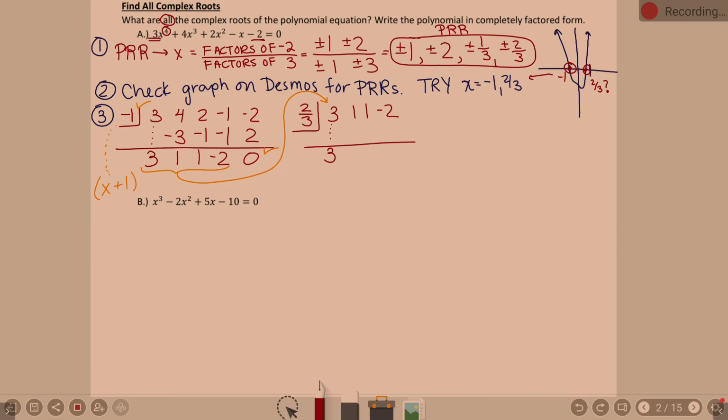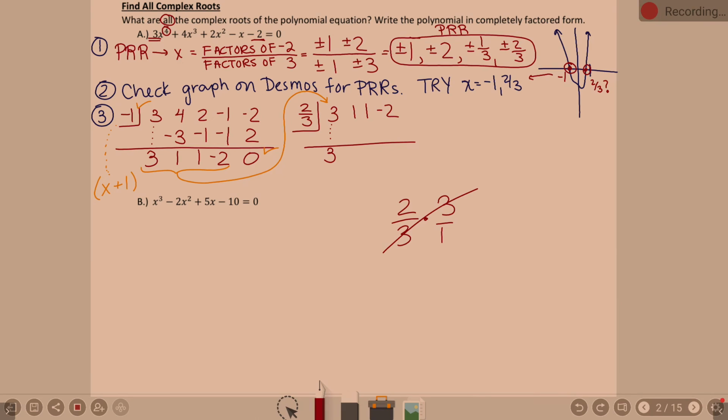Drop the 3. And if you're sitting there saying, oh, fractions, really, Mrs. Sargent? When you do synthetic division with fractions that work out to a remainder of 0, I've never seen the math be nasty. It's always nice to us. If you don't know how to multiply fractions, that's a whole other story, and you should know that by now. You've been taught it. You just have to choose to learn it. 2/3 times 3 is 3 over 1, right? My brain just says cancel the 3's.